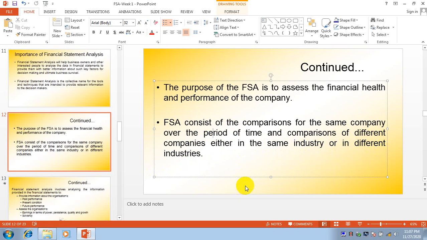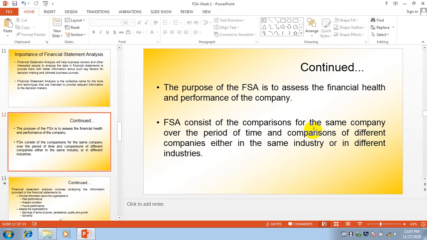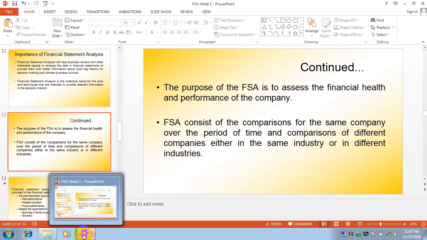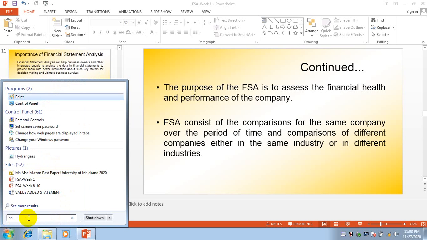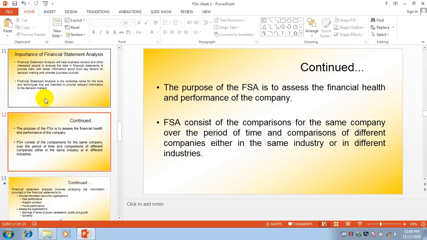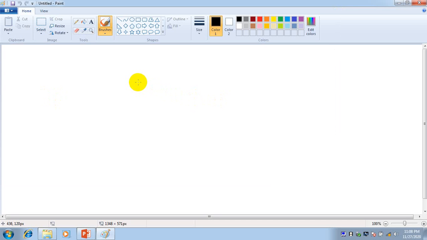So in financial statement analysis, one is internal analysis. Internal analysis means comparing your performance with your past performance. How? Suppose this is the data of 2019, this is the data of 2018, and this is the data of 2017.